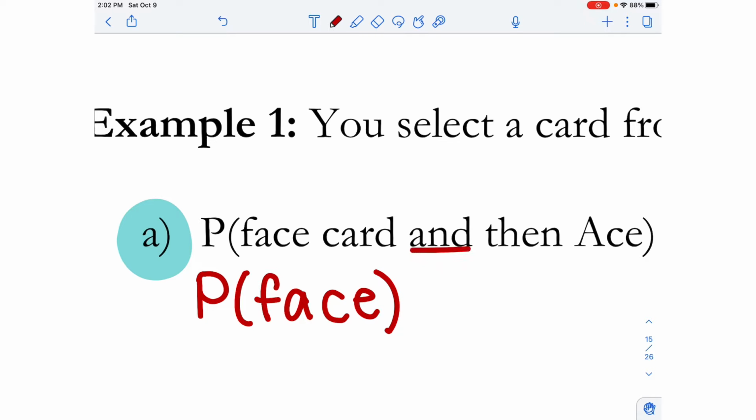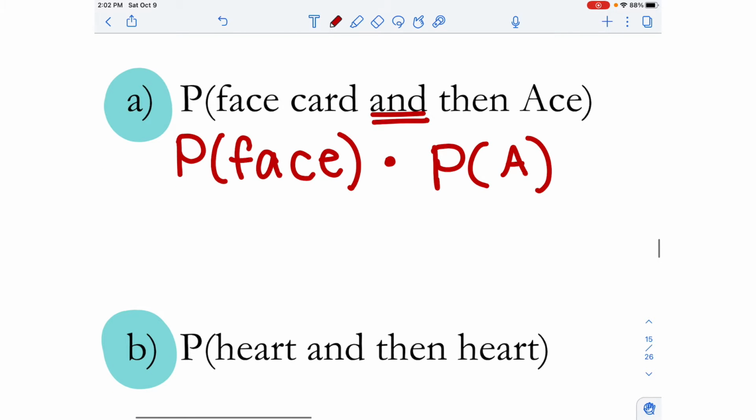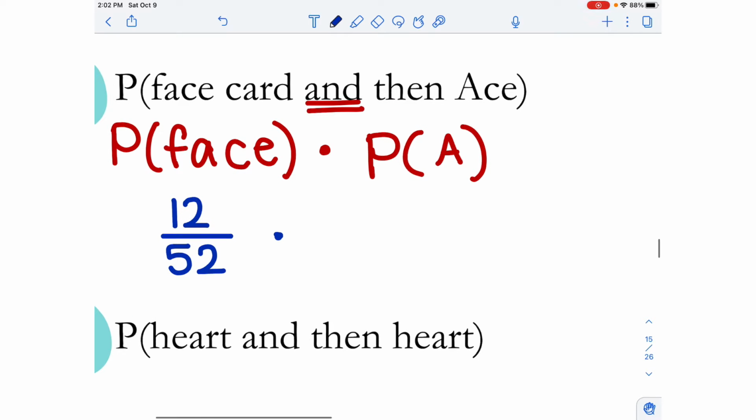This is an and problem, so I am going to multiply. The probability I get a face card, there's 12 face cards in the deck out of 52 cards, times the ace, there's 4 aces in the deck out of 52 cards. And again, the reason why I start over for the ace is because I've replaced the first card, okay?